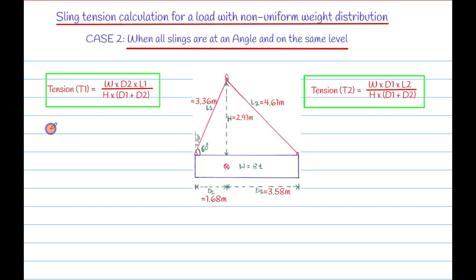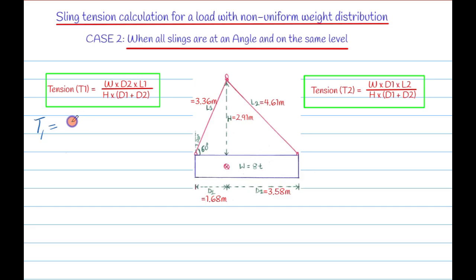So for tension for L1, we say T1, which will be W, the weight we are lifting, times D2, which is the distance from the COG to sling L2, and then times L1, which is the length of sling 1. Then we divide this with the height of the sling times the sum of the two distances. These distances are from the diagonal we calculated earlier.